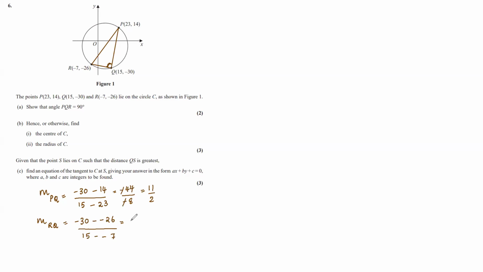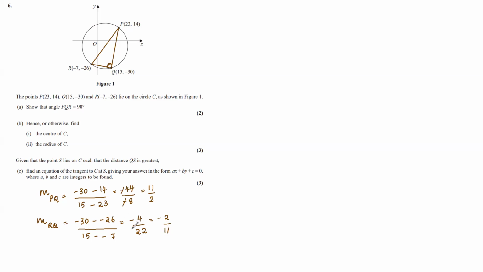So -30 plus 26 is -4 over 15 plus 7. Minus minus is plus, so 15 plus 7 is 22. This can be further simplified as -2 over 11.